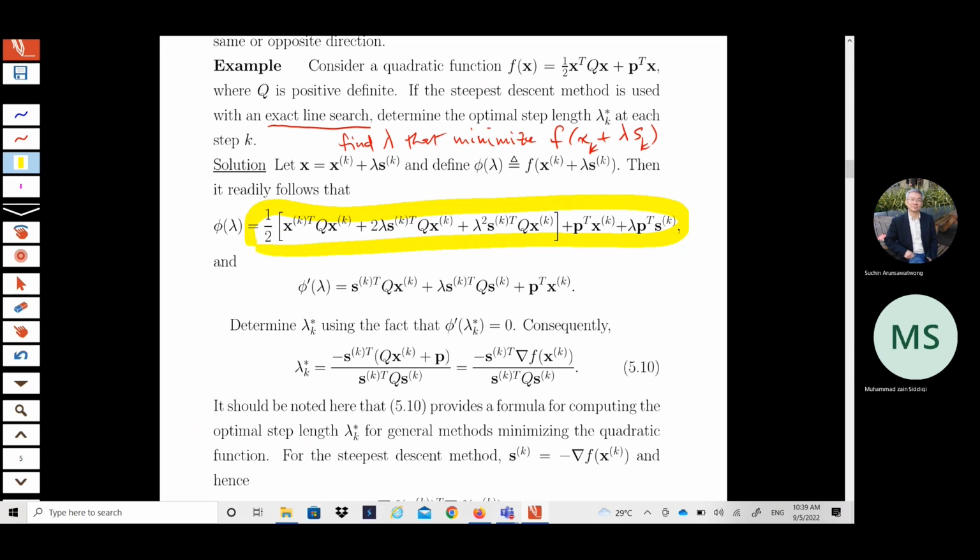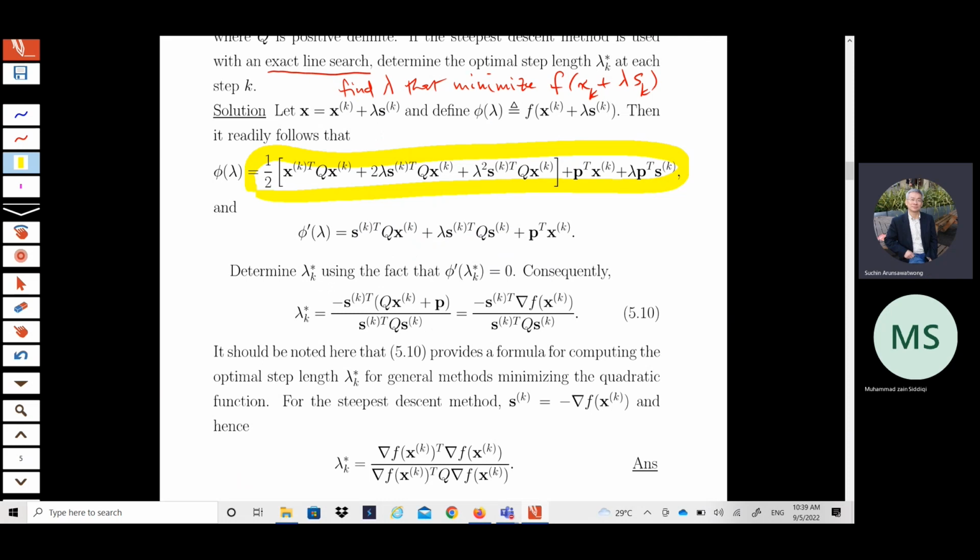And so how to find lambda k star? We have to differentiate. We have to find the derivative of phi, and then set the derivative of phi to be 0 to find the lambda star.